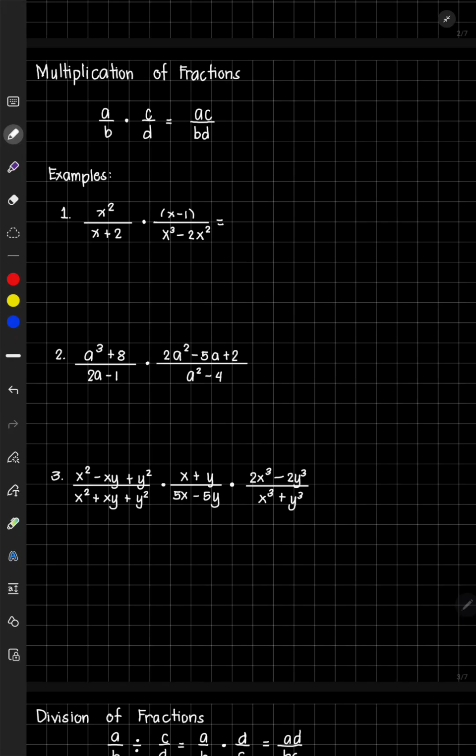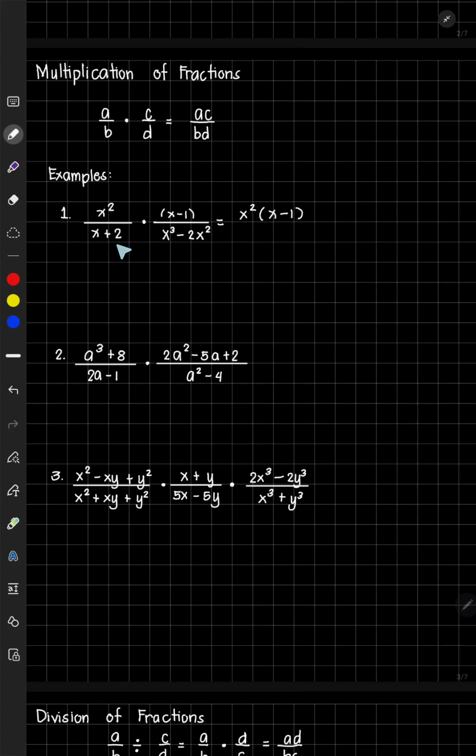Just simply multiply x squared and x minus 1, but before we distribute x squared inside x minus 1, we have to find if we can simplify the denominators. We can simplify the rational expression first before expanding it to the final answer. So we have x squared multiplied by x minus 1.